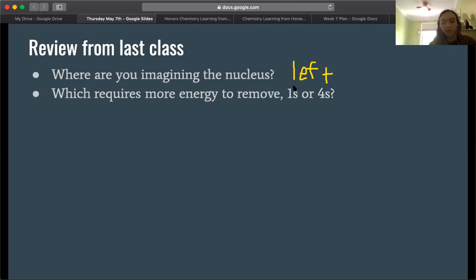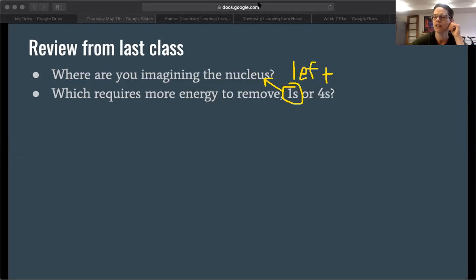It is closer to the nucleus, and because of that, it has a stronger attraction. Exactly that. So the 1s will require more energy to pull an electron off because it's closer to the nucleus, which means it's feeling a greater sense of attraction.